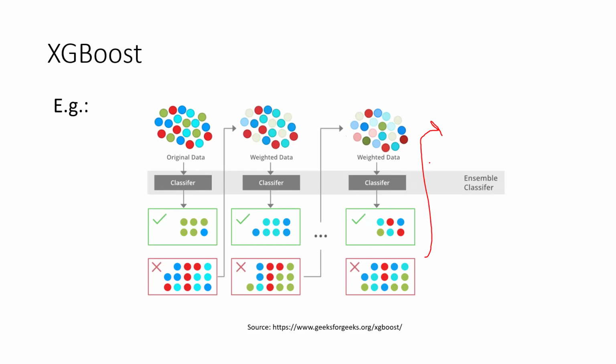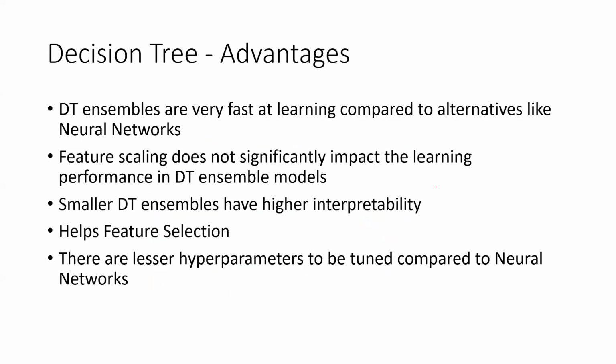You can use the vote or average of all these classifiers to get the final outcome in XGBoost, right? So XGBoost is much more accurate when you tune it correctly with the hyperparameters. You can get a very high level of performance using decision trees, right?